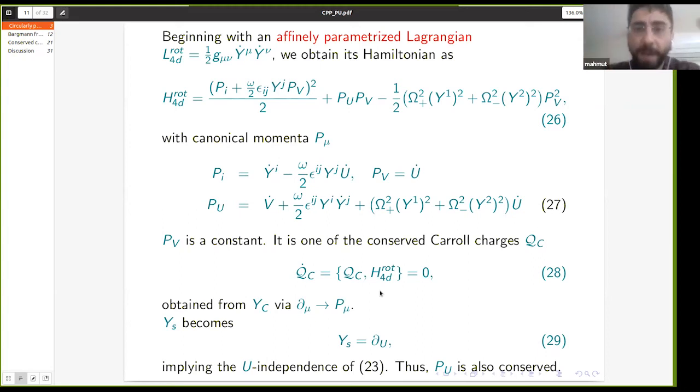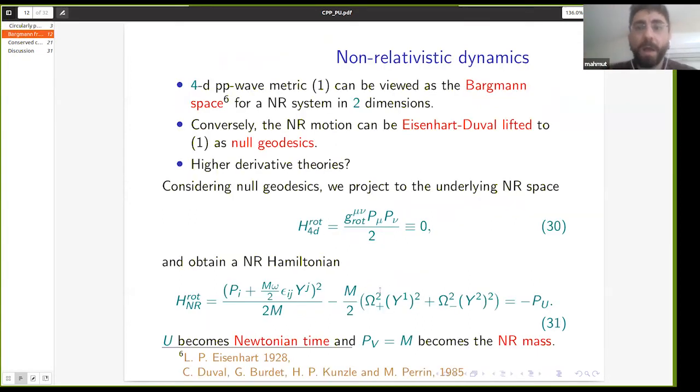So therefore, what I would like to tell is that the Bargmann space, so this four-dimensional pp-wave metric, okay, let's be a bit more specific. Let's say that this four-dimensional circularly polarized periodic wave can be viewed as a Bargmann space for a non-relativistic system in lower dimensions, okay? Or you can say the opposite.